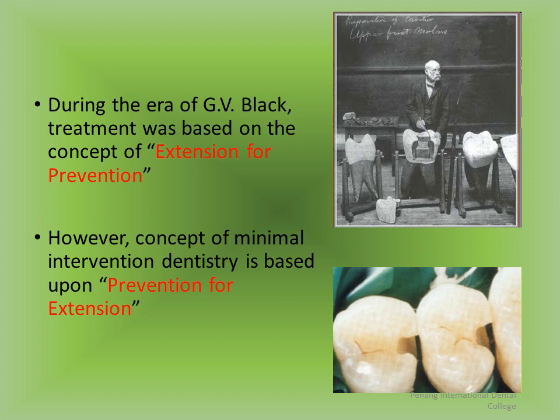As you remember from your preclinical exercises, when you prepared cavities for amalgam, because amalgam does not bond to the tooth per se, you have to create retentive features. You have to create large cavities so that you can accommodate a bulk of the restorative material, with retentive features like converging walls, rounded angles and a large cavity design, at least a minimum bulk of 1.5 to 2 mm of cavity depth and width.